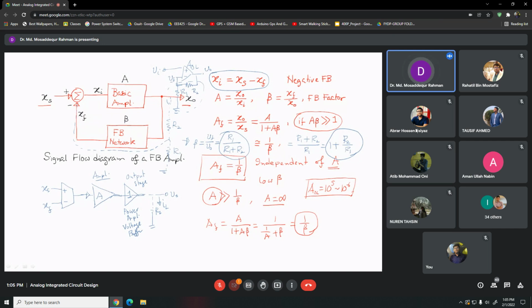So thus we get the 3 stages to implement this feedback system, right? And now here at the output, you connect your feedback loop, and that feedback will go into this XF, so that you have the feedback network.